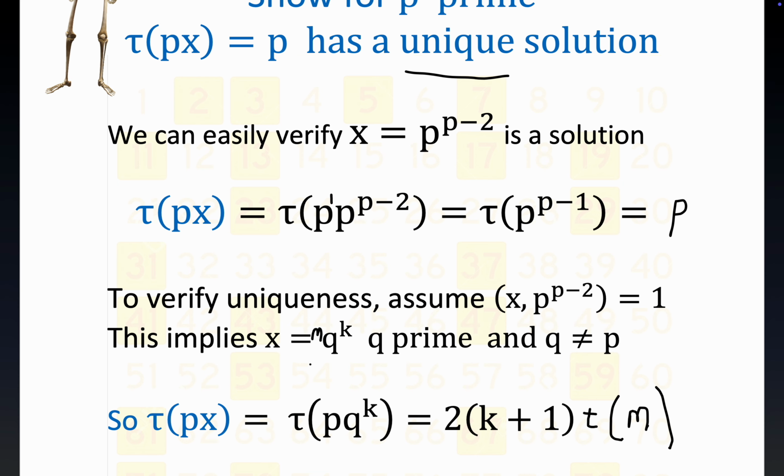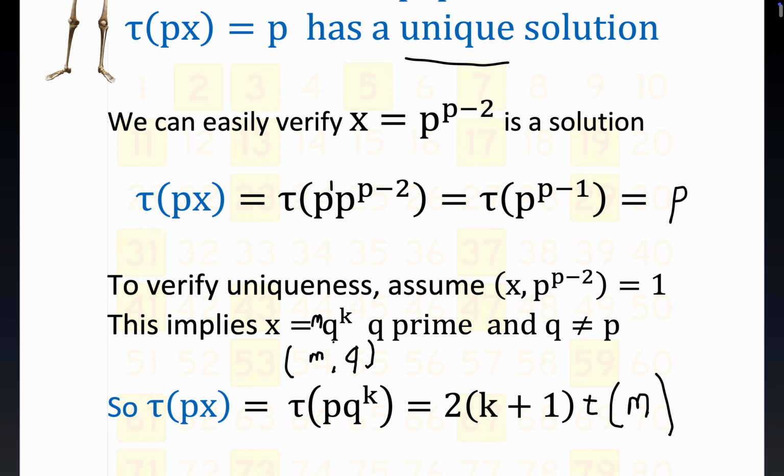I just forgot this, folks. So m and q would be relatively prime. You could write x this way. So it's going to have some other prime divisor other than p, owing to the coprimality of these two numbers. So this is going to be equal to 1.